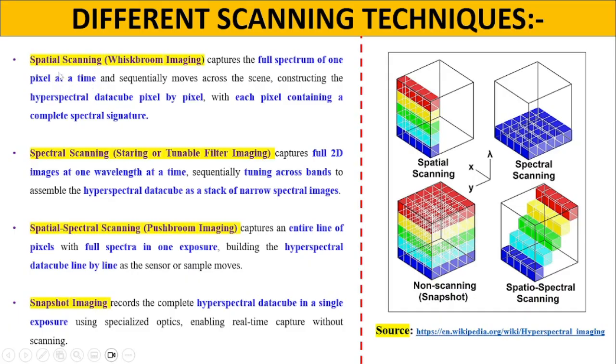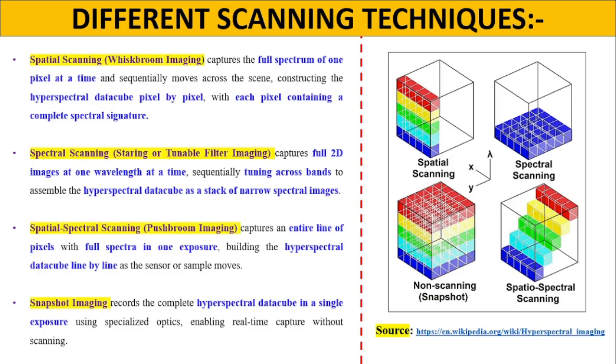So for spatial scanning, the first initial stage HSI systems were based on whisk broom scanning. Whisk broom scanning means, suppose you have a scanner and you are keeping it over the hand. The scanner will try to scan the entire image of the hand in one go, and then in the backend process, your hypercube data will be generated pixel by pixel.